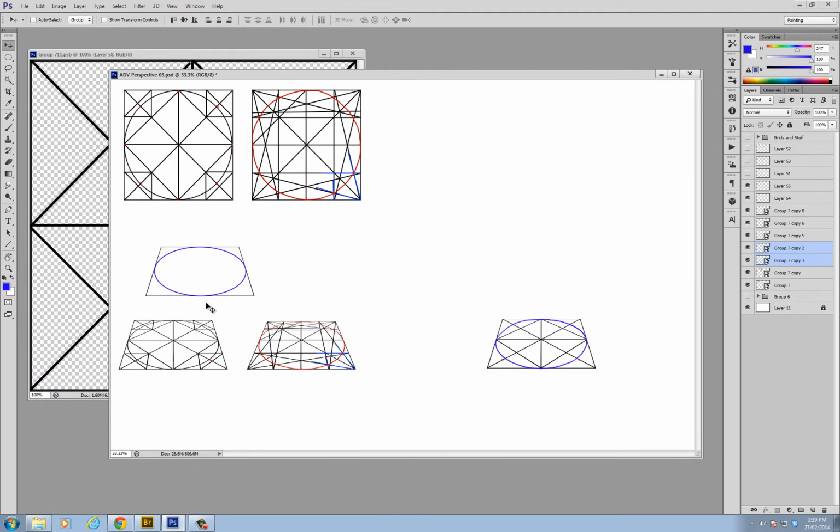So it's important to just understand a few other things about ellipses, which can really help us place them in perspective. Because frequently an ellipse is part of a cylinder in some way, shape, or form.